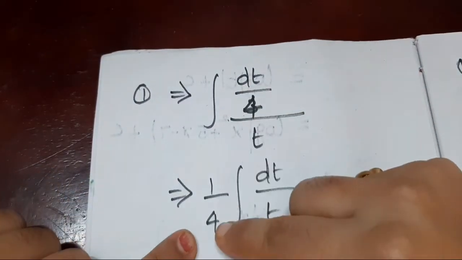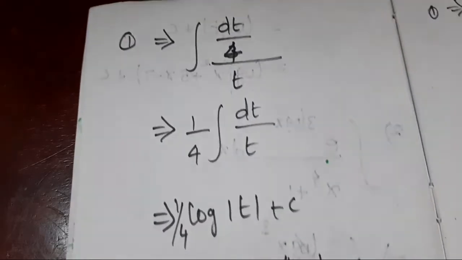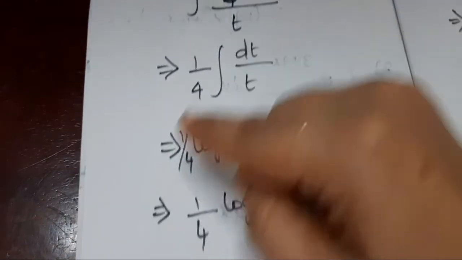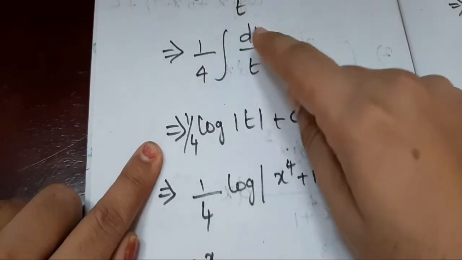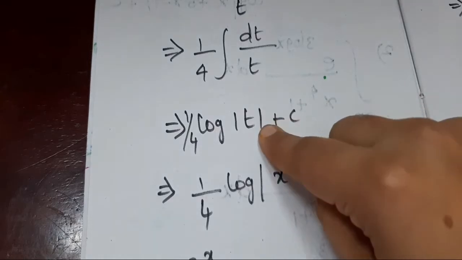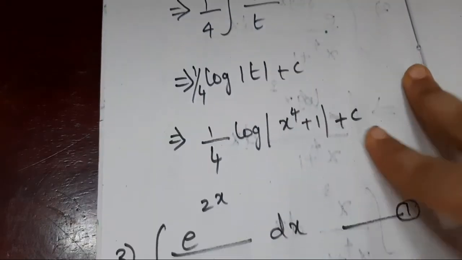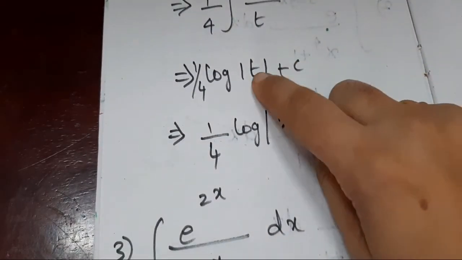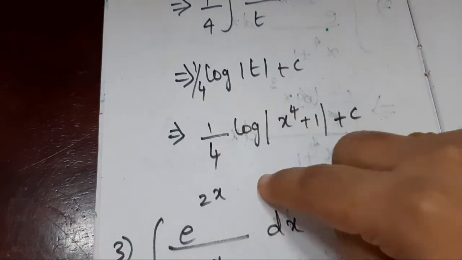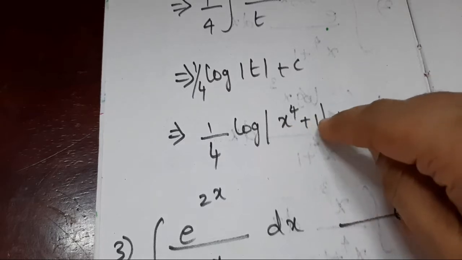This 4 is a constant, so I can take 1 by 4 outside. So 1 by 4 integral of dt by t, this is our format. Integral of dt by t is log t plus c. After integrating, I again replace t by x power 4 plus 1. So 1 by 4 into log of x power 4 plus 1.